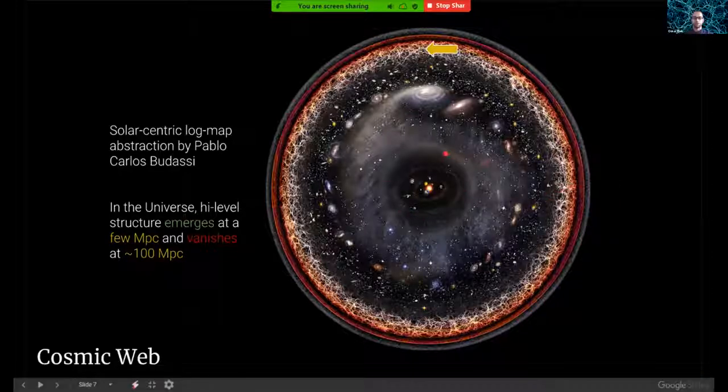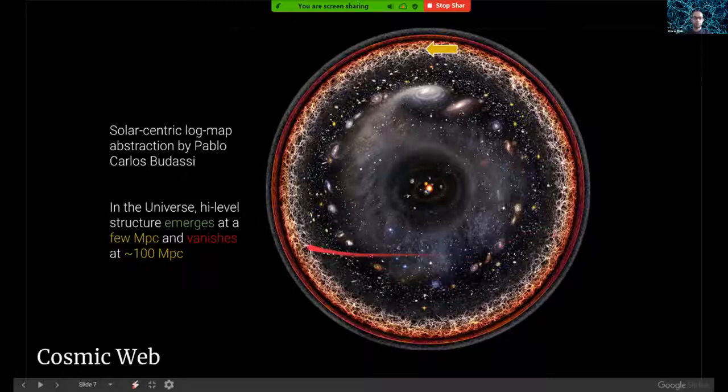I really love this visualization from Pablo Pudashi, a logarithmic scale visualization of the universe, where the solar system is at the center, and then we have planets, and the scale of galaxies around here, and only once the galaxies get to be individual dots does the structure of the cosmic web emerge.